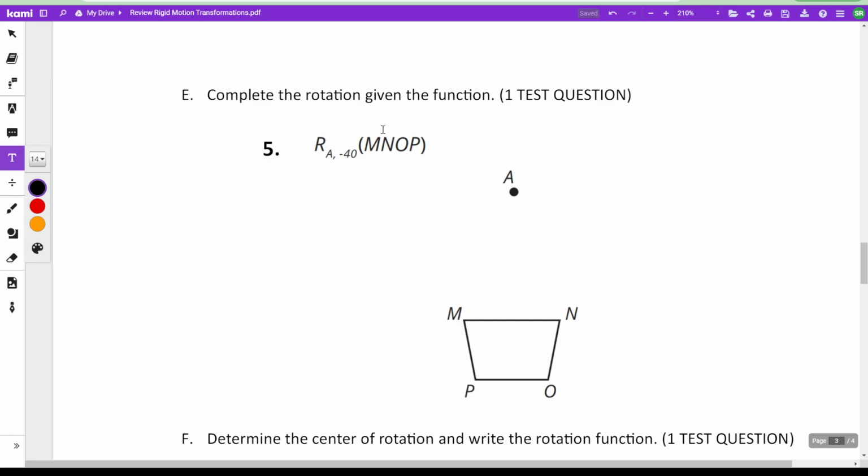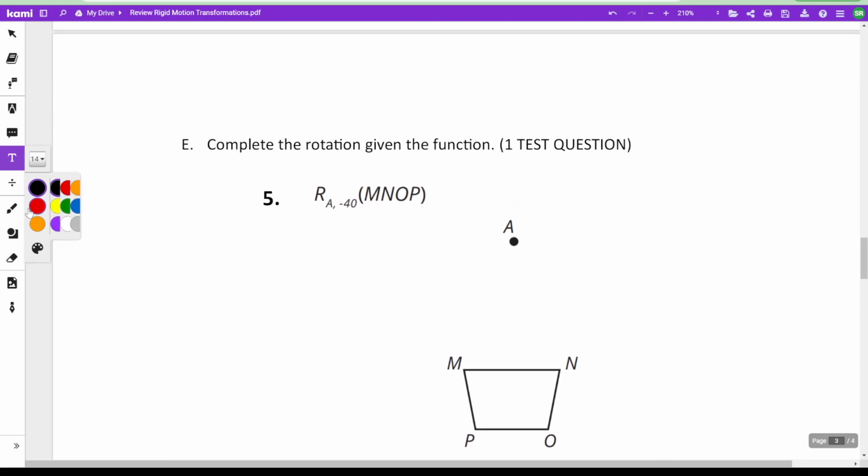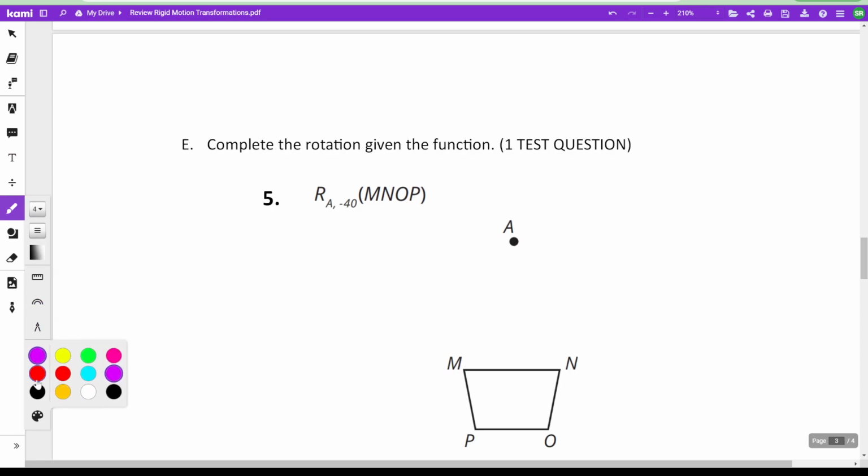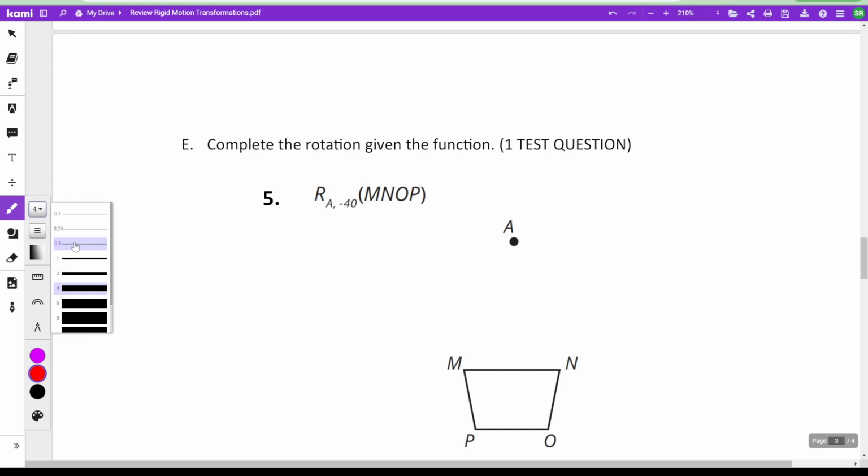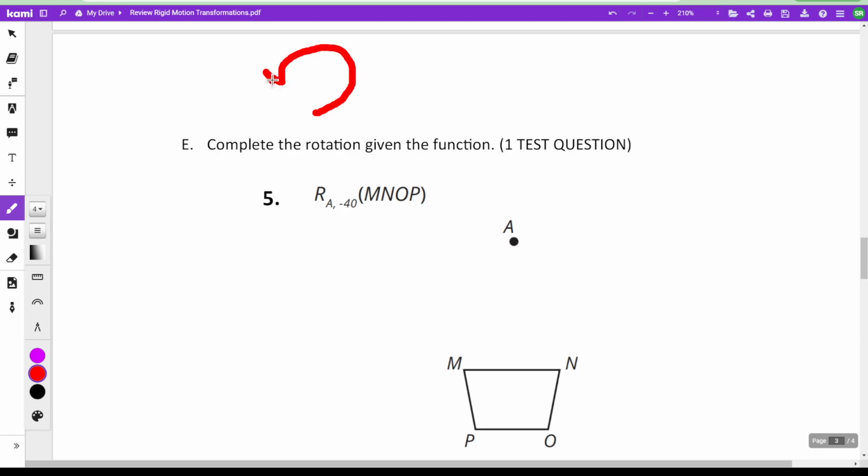All right, question E asks us to complete the rotation given the function. So this says rotate MNOP about point A, negative 40 degrees. So we need to keep our positive and negative rotations in mind when we're doing this. For example, a positive rotation is going to be counterclockwise, and a negative rotation is going to be clockwise.